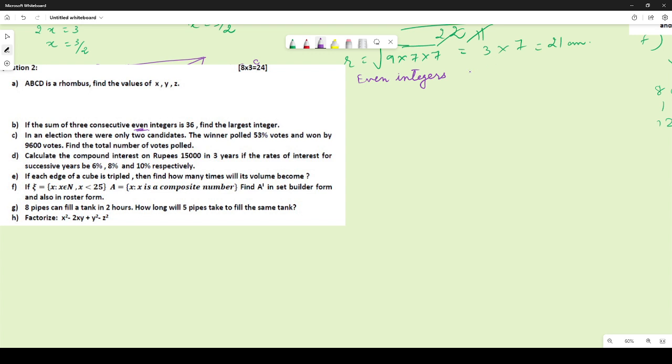So that means if one number is x, another one will be x plus 2 and the third one will be x plus 4। So x plus x plus 2 plus x plus 4 ये सब मिला करके होता है 36। So now what do we have over here? 3x plus 6 is equal to 36, x is equal to 30 by 3, that means x is equal to 10। So if x is equal to 10, that means the integers become 10, 12 and 14, and remember you had to find the largest integer, so this is 14, right?